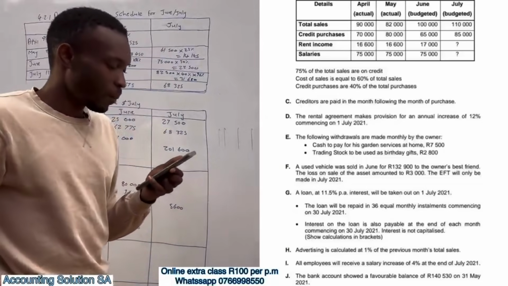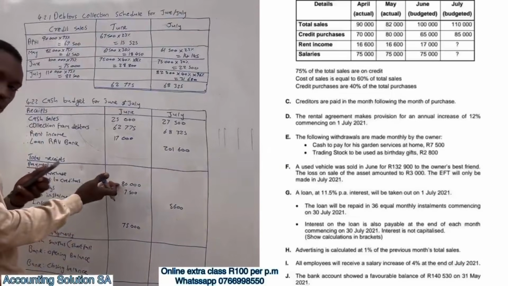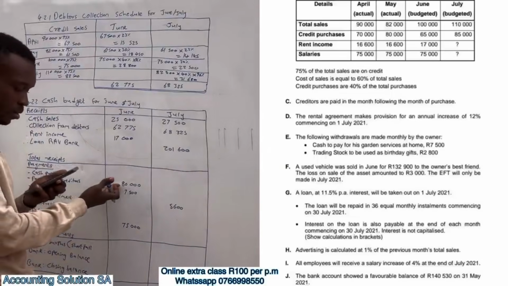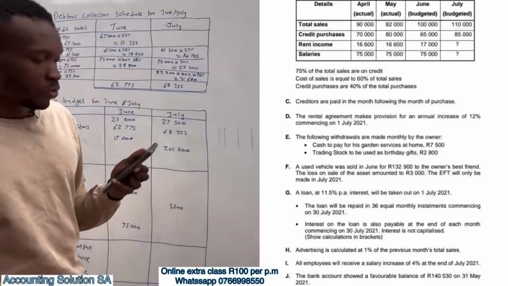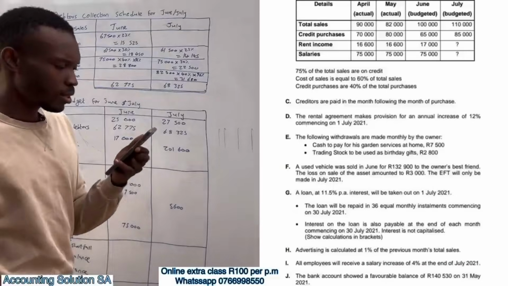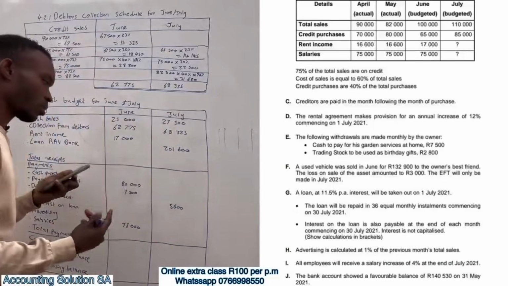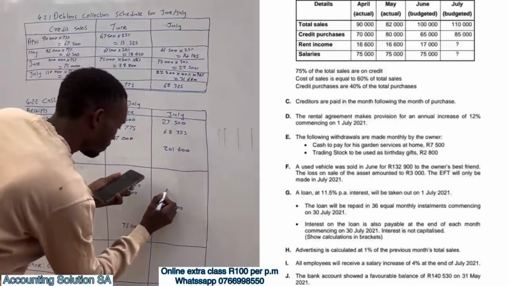A credit purchase of May was 80,000. Here it is, it was given, 80,000. Now let's do July, which means that for July is the one that we took in June. Let's take the credit purchase of June. It is there on the table. In this case, it was already calculated, 65,000.